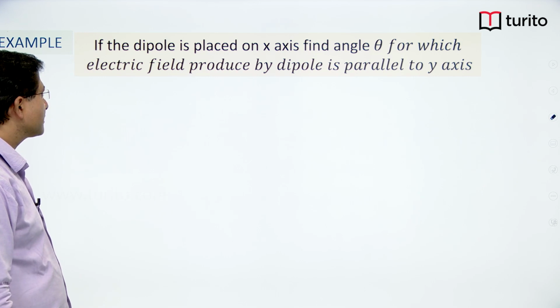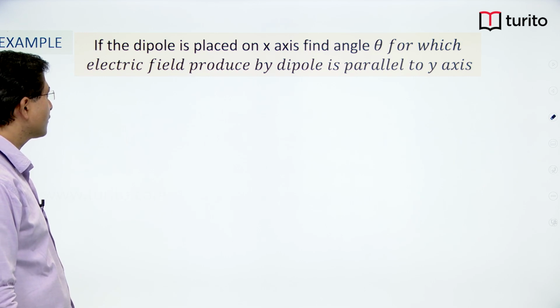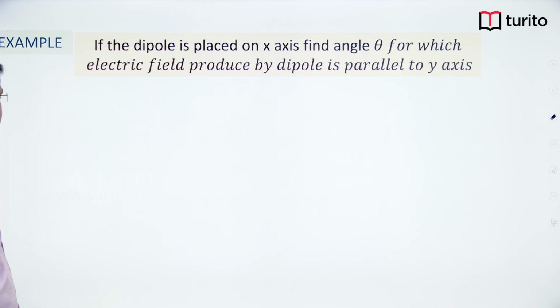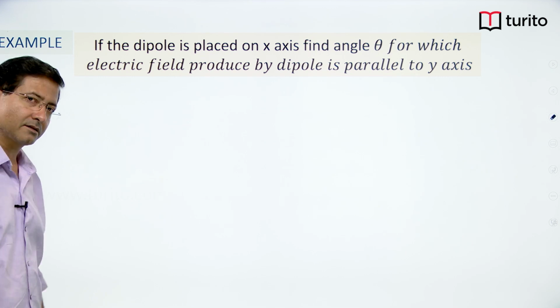If the dipole is placed on the x-axis, find the angle theta for which the electric field produced by the dipole is parallel to the y-axis.